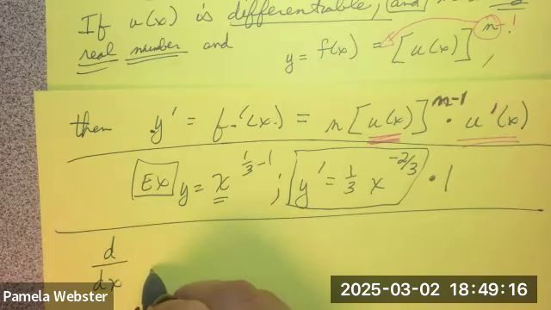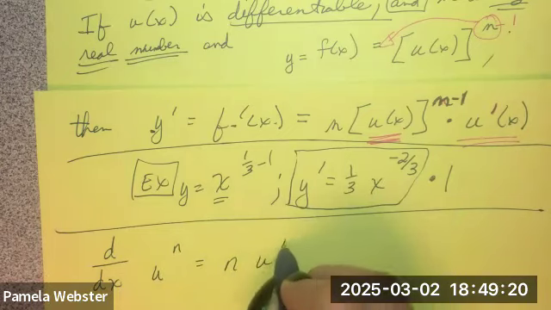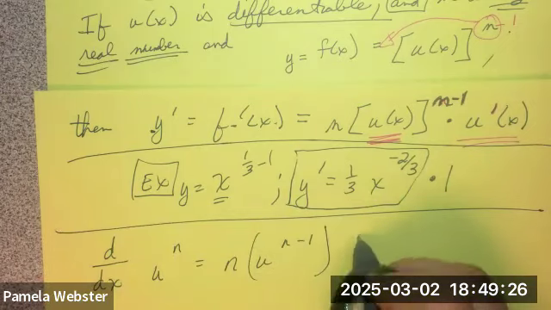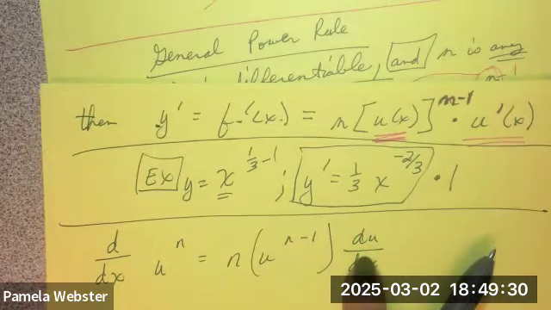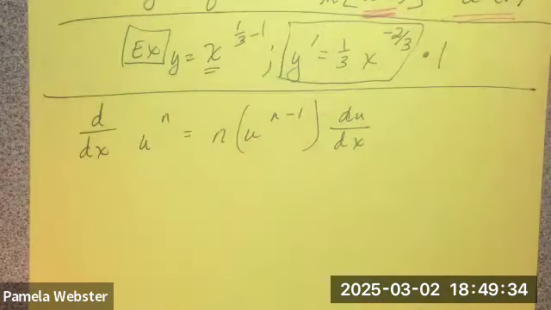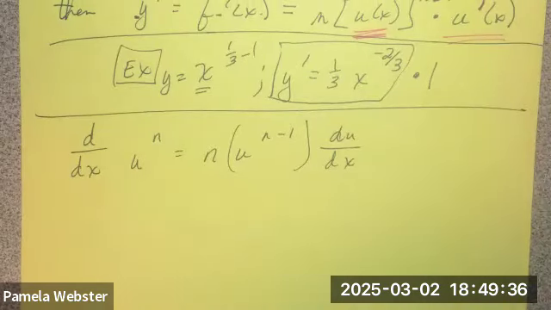Okay, so dy dx of u to the n is n times u to the n minus 1, but they've got this notation, du dx. What does that mean? The derivative of the u function, right? The derivative of the u function with respect to x. So that's what's going on there.